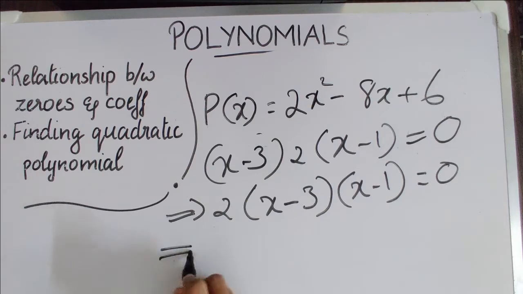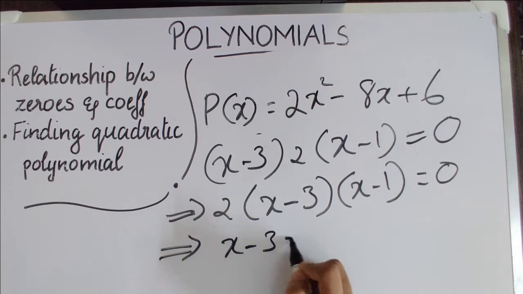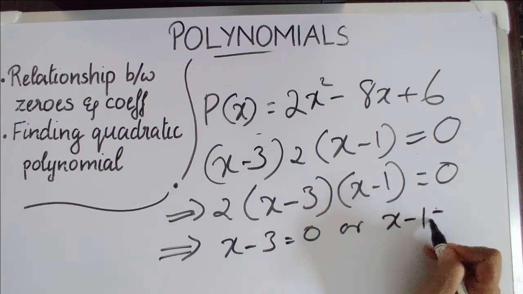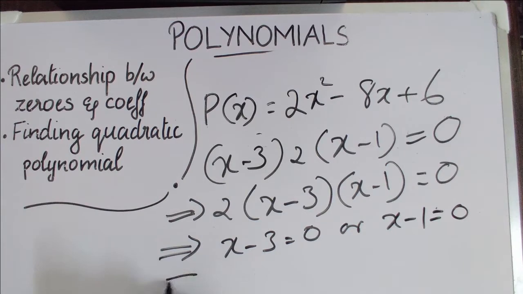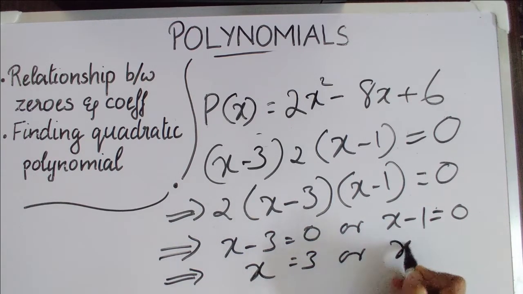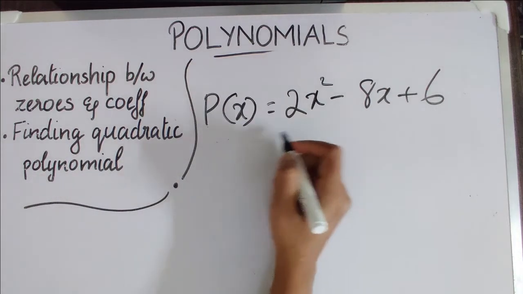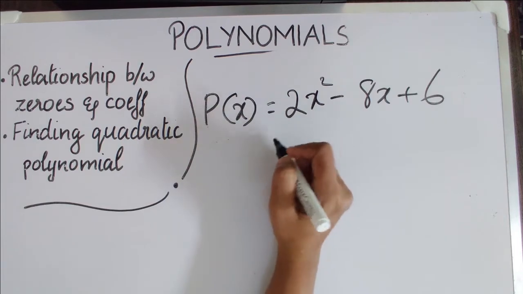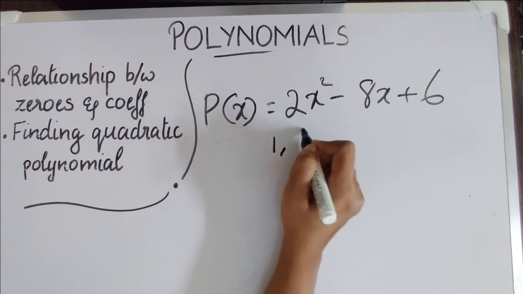This implies x minus 3 equal to 0 or x minus 1 equal to 0, which implies x equal to 3 or x equal to 1. So the zeros are 1 and 3. Here the zeros of 2x square minus 8x plus 6 are 1 and 3.